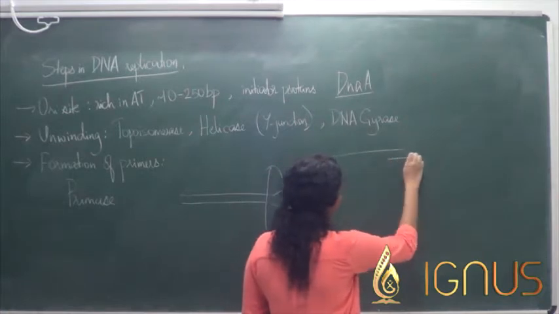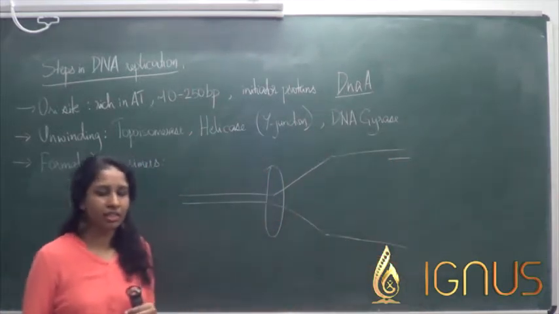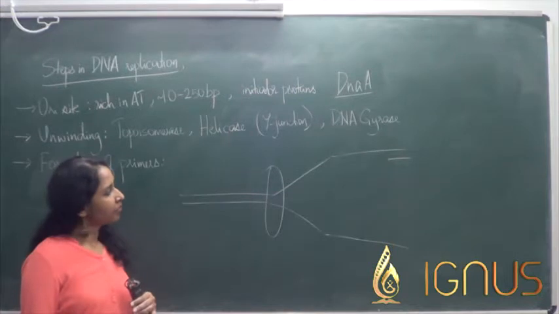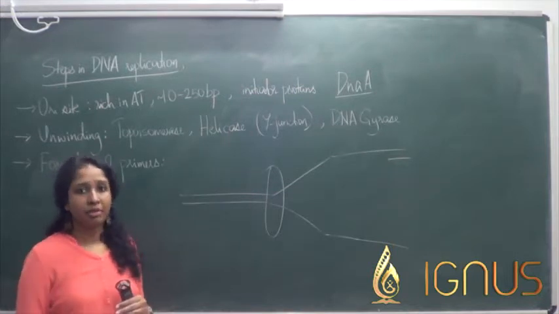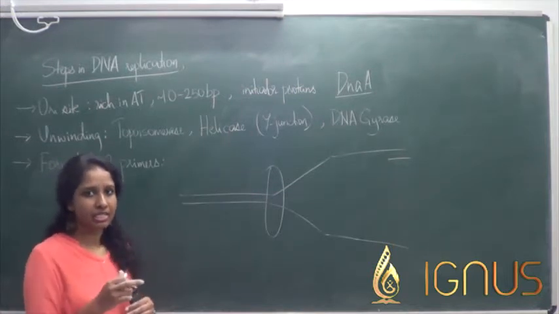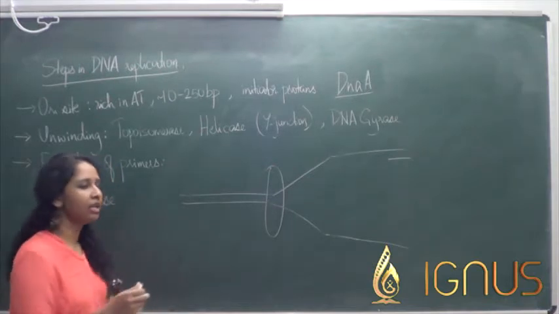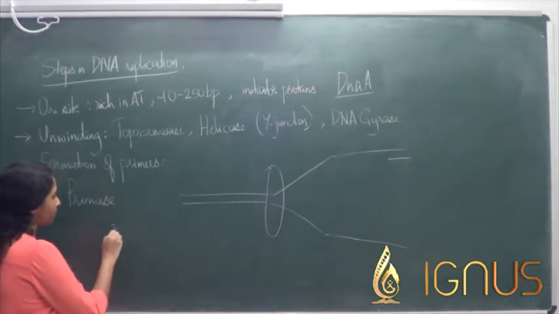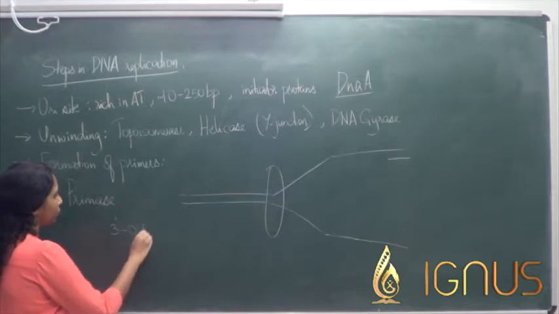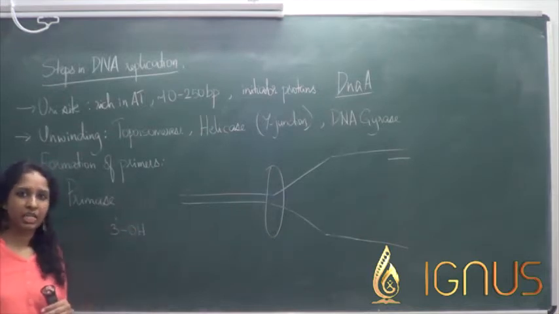So there will be a primer, a short length ribonucleotide, complementary to the template DNA strand, and this is going to provide the DNA polymerase with a free 3' OH group from which the replication can start.